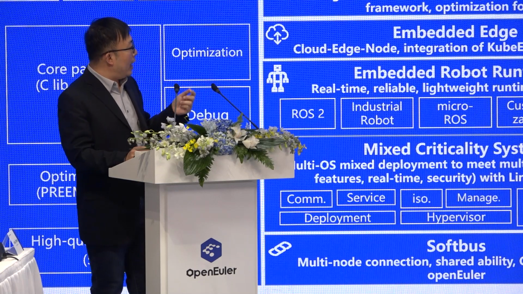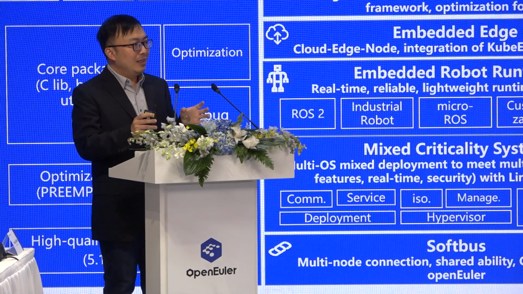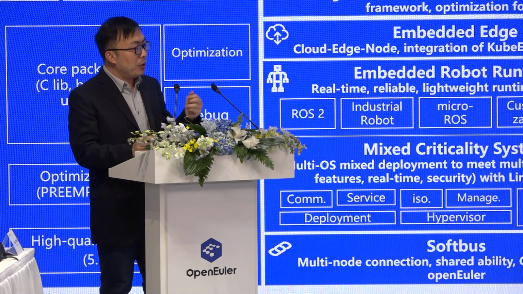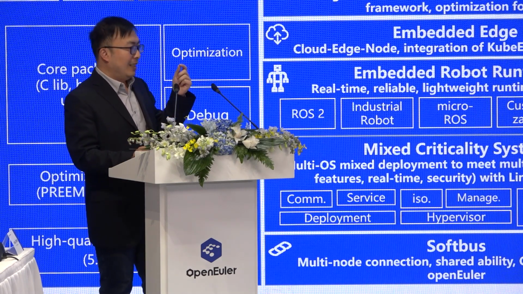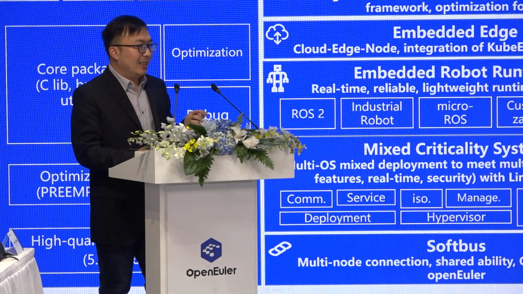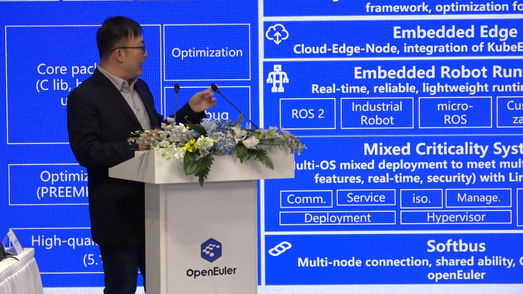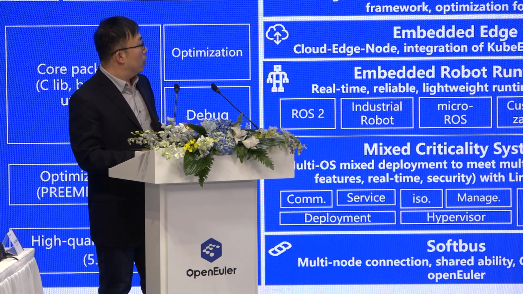And in the embedded edge, you know that the embedded area is a very traditional area. They don't like new features, right? But we will try to bring IT-related technology like containers, K3s, EdgeX into embedded. We want to make the cloud, edge, and node architecture more efficient. Okay.